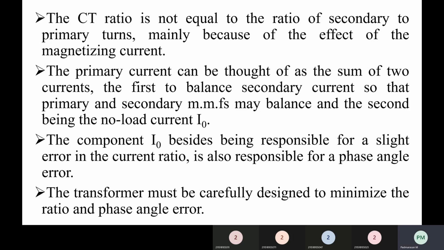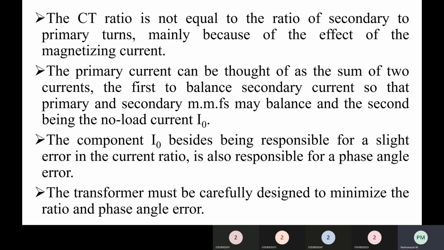The current transformer ratio is not equal to the ratio of secondary to primary turns, mainly because of the effect of the magnetizing current. The primary current can be thought of as the sum of two currents.